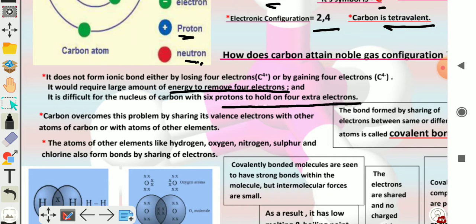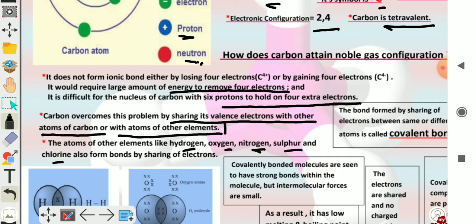So carbon overcomes this problem by sharing its valency electrons with other atoms of carbon or with atoms of other elements like hydrogen, oxygen, nitrogen, sulfur, chlorine, etc. So it shares the electrons to complete its octet or to attain noble gas configuration.